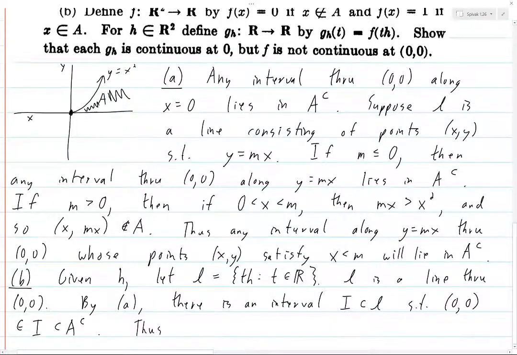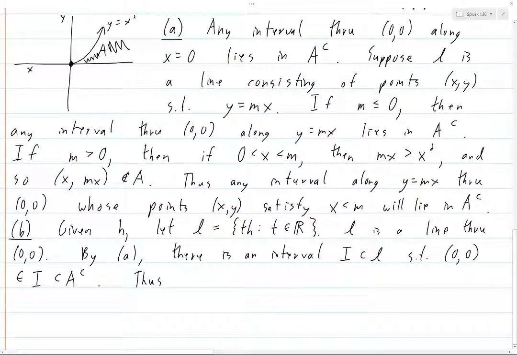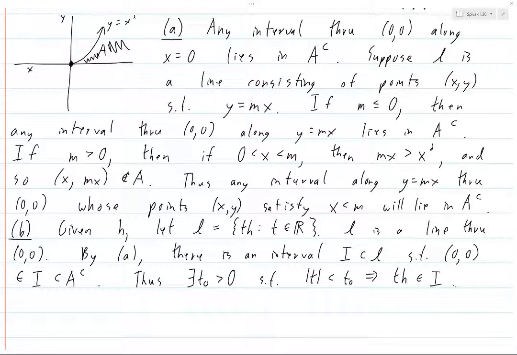And because of the definition of L, it's all vectors of the form th, this means that there exists some positive number t0 such that if the absolute value of t is less than t0, then th is going to be in I. And this is just straightforward from the definition of L. Okay?